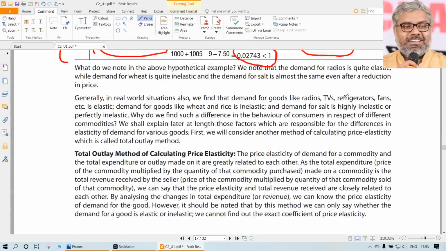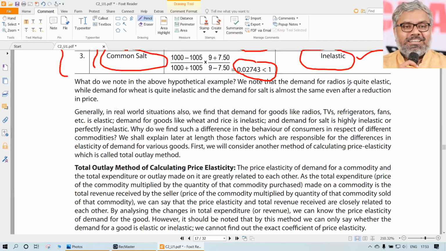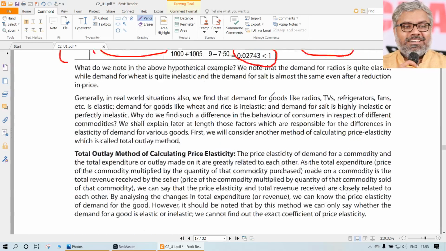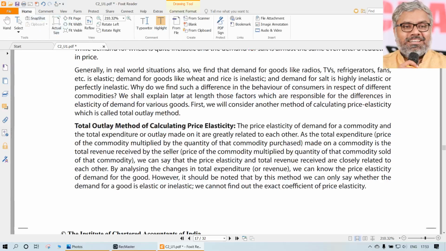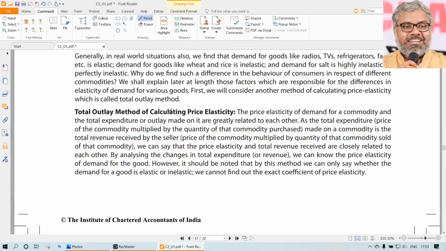That is how elasticity of demand has to be computed as well as interpreted in the correct manner. That is a very important point. Now let us take one more method of identifying the elasticity of demand.